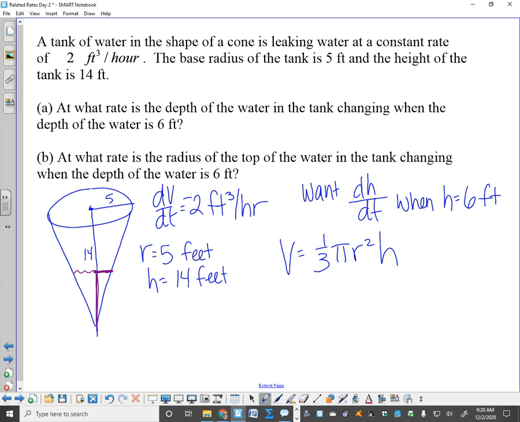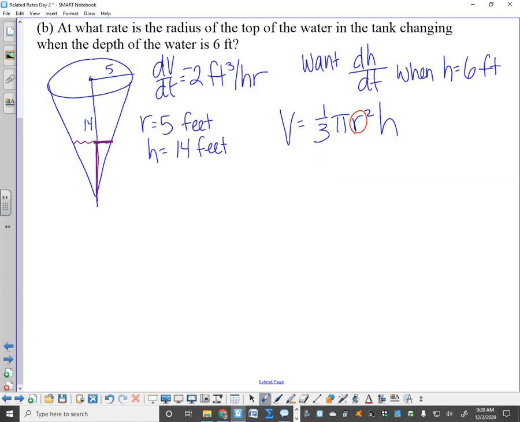I have two variables here, and that bothers me. But I want dh/dt, and I was given h, so it seems like I don't want the r's for this problem. So I'm going to take this whole right triangle, similar triangle ratio proportion stuff, and my goal is to replace r, because I want dh/dt.